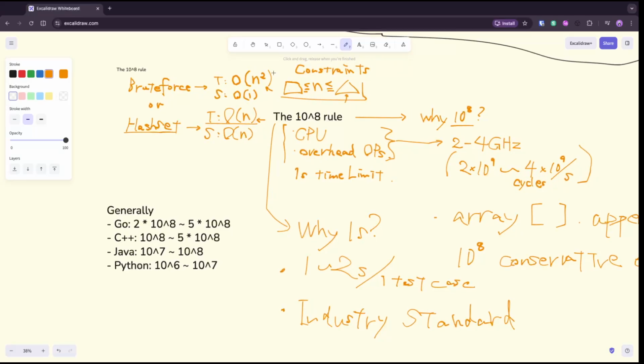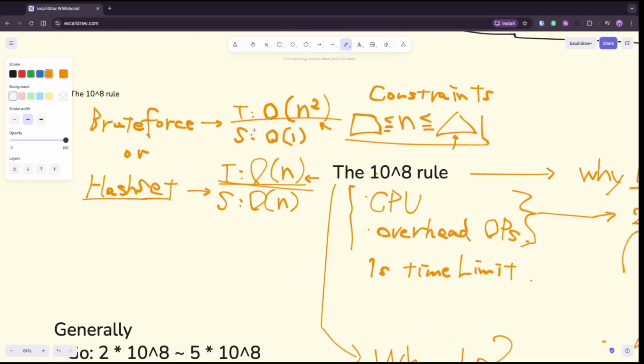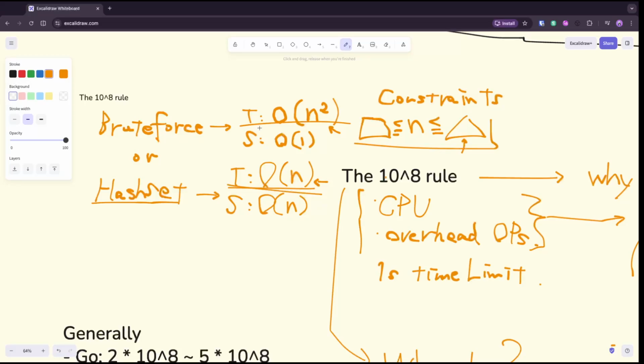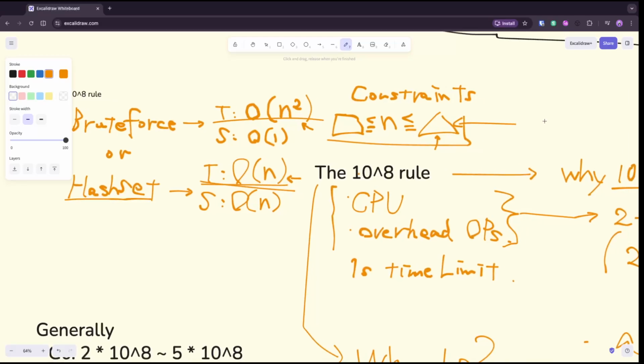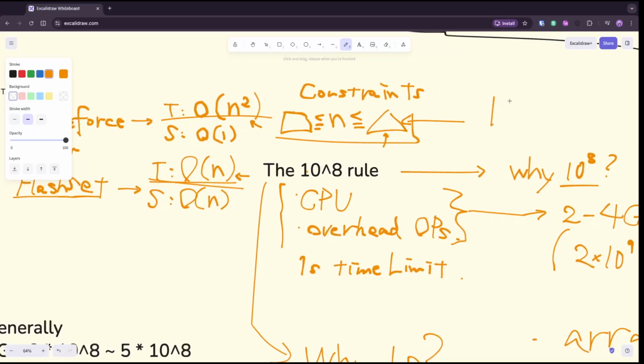If n is greater than 10 to the power of 4, we shouldn't use an n square approach, so we shouldn't use the brute force approach.